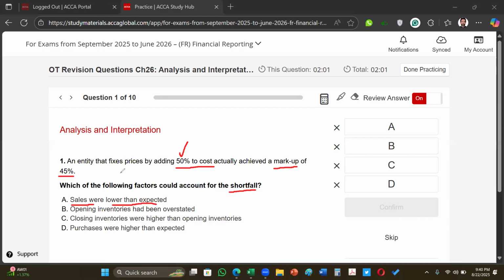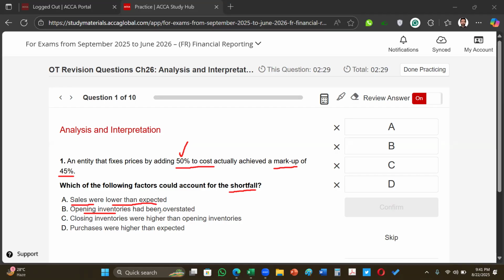Okay. So here we have option B. The opening inventories had been overstated. When the opening inventories are overstated, this would actually mean that your cost became higher. There was some mistake that the opening inventory was a higher figure. And if the opening inventory is higher, this means that the cost is going to increase.